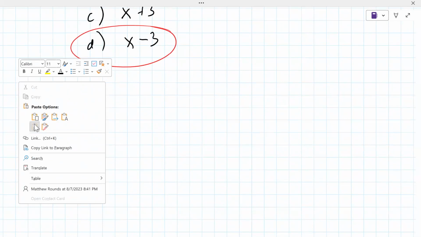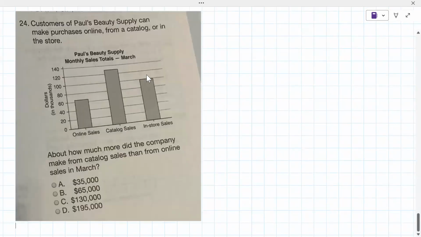Let's get a new problem up here. Customers of Paul's Beauty Supply can make purchases online from a catalog or in the store. I guess that's a takeoff on Sally's Beauty Supply, maybe. So online sales are a little more than 60, but see how it's in thousands.